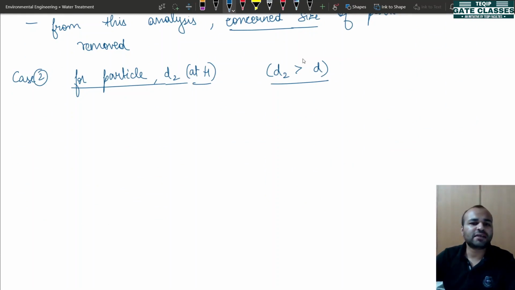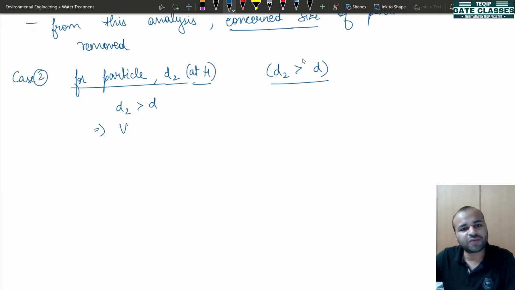So for the particle d2, which is at the same height h, since d2 is greater than d, we find that vs2, the settling velocity, is greater than vs. What it means?